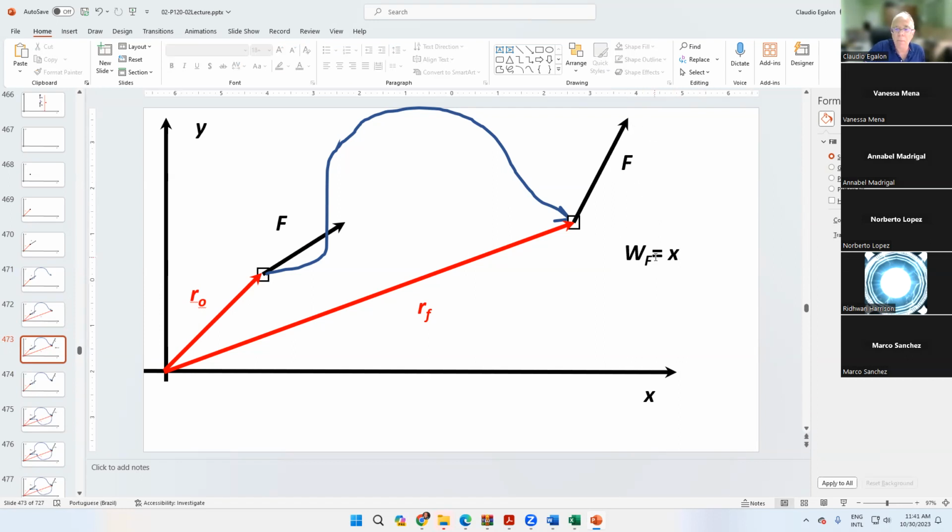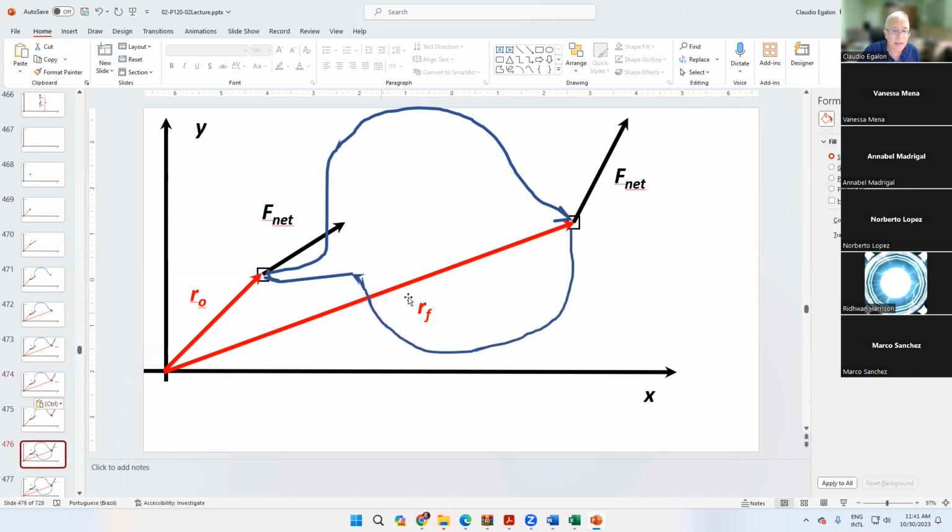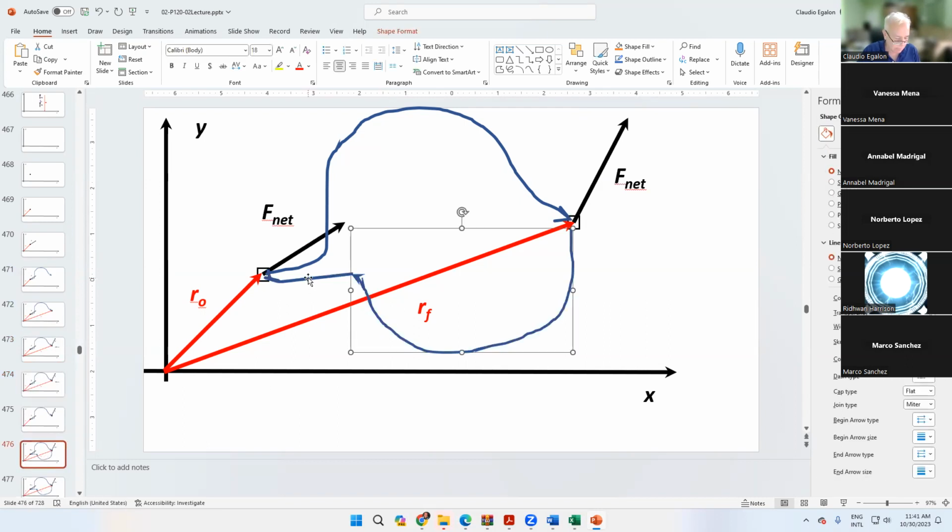And now you do the same thing, but through a different path. Instead of using that upward path, I use a different downward path.